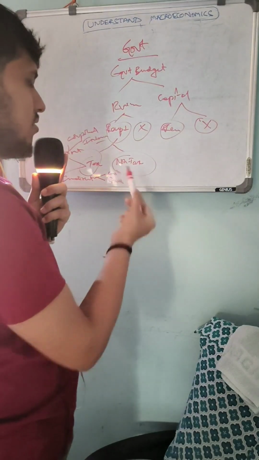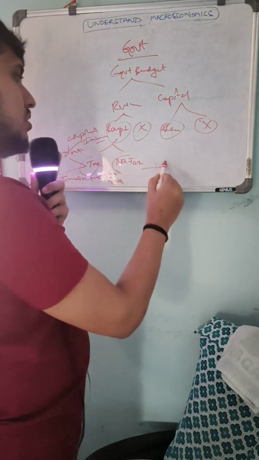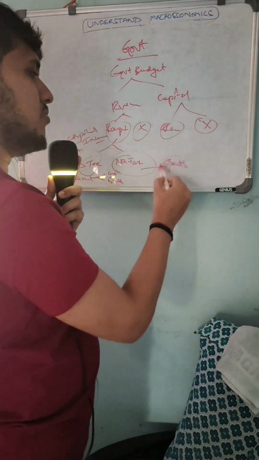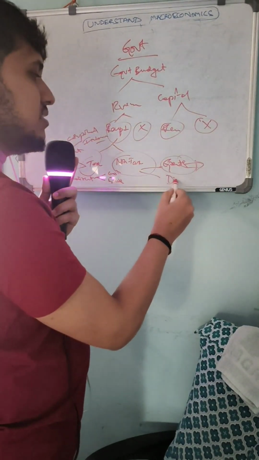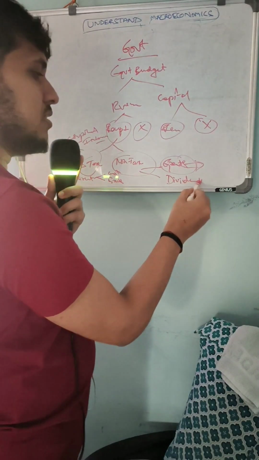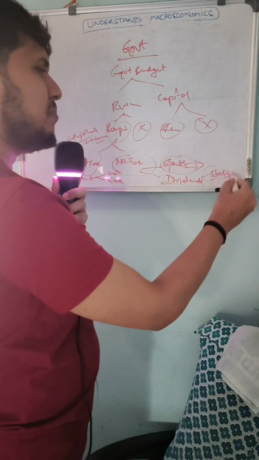In non-tax revenue, there are grants, they don't incur interest, and then dividends, maybe they have invested in any stocks, PSUs.